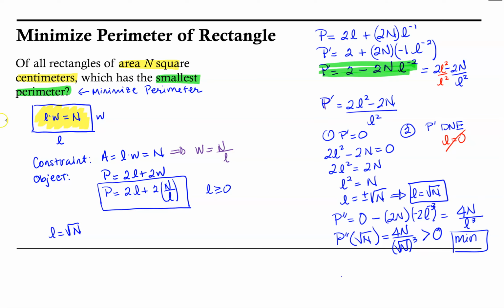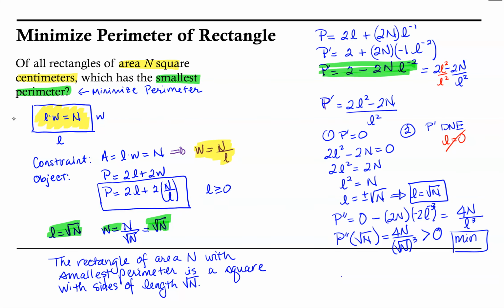Now we do have information about W. We see that W equals n over L. So if L is the square root of n, then W is n over the square root of n. And if I simplify that, then I have W being the square root of n. So notice that the length and the width of my rectangle are equal, meaning we have a square.